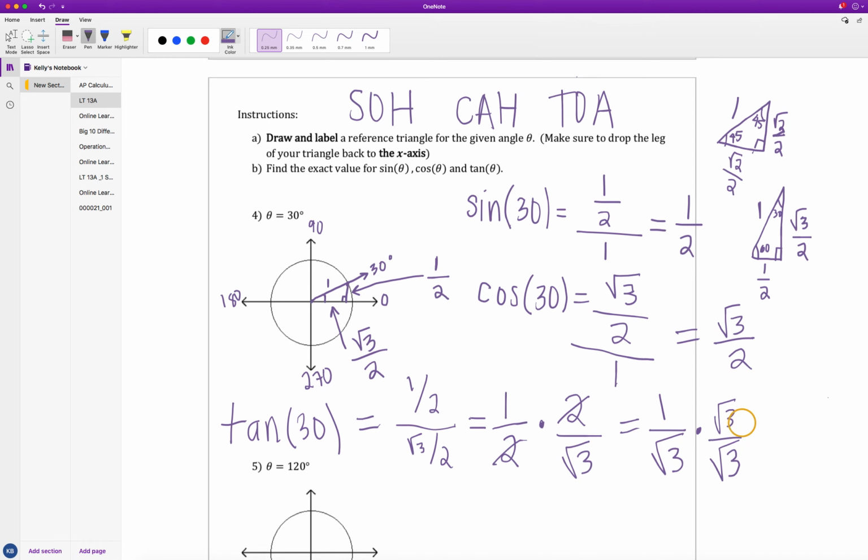The reason I did root 3 on both of them is because down here my goal is to get rid of the radicals in the denominator, and root 3 times root 3 is equal to the square root of 9, and the square root of 9 is equal to 3 then. So on top I get 1 times root 3, which is root 3, and then on the bottom that simplifies down to be 3. So my final answer here for tangent of 30 degrees is root 3 over 3.